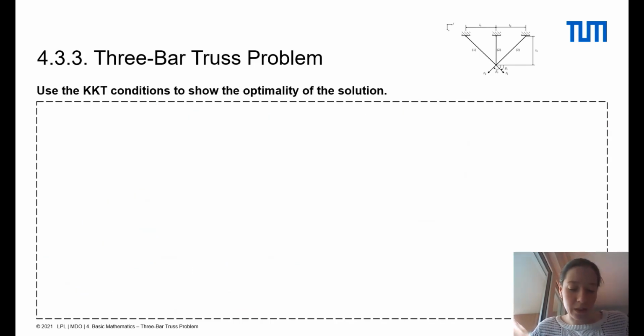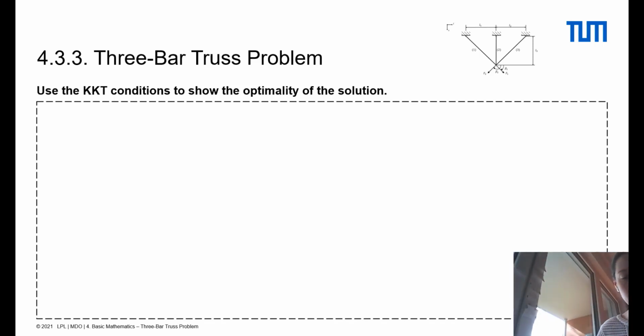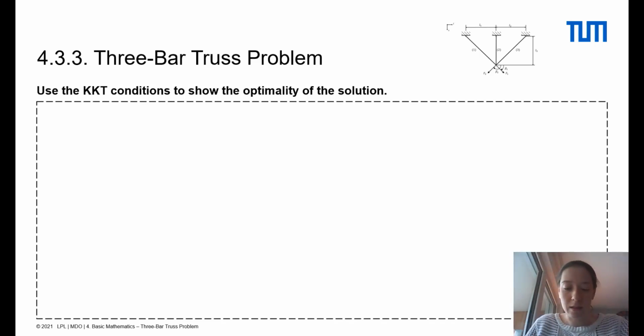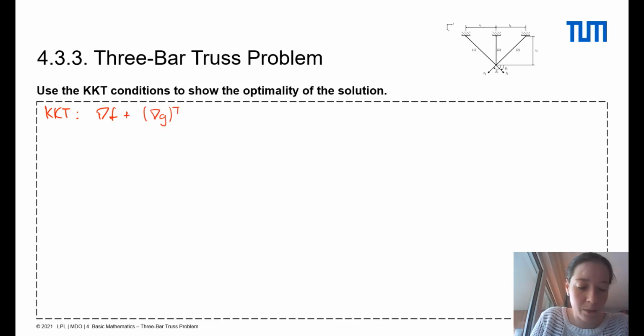Now we have to use the Karush-Kuhn-Tucker conditions to show the optimality of the solution. So the KKT conditions in general are: the gradient of f plus the gradient of g transposed, in a matrix-vector product with mu, has to be 0.